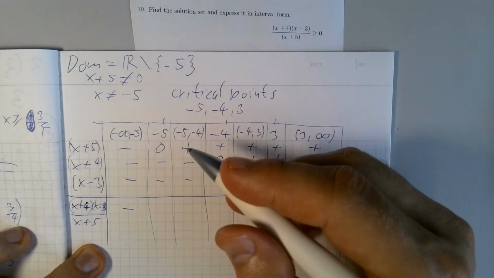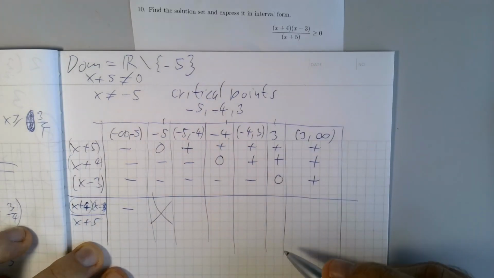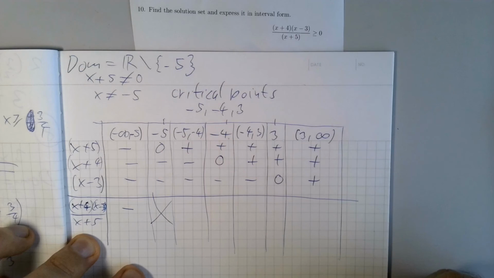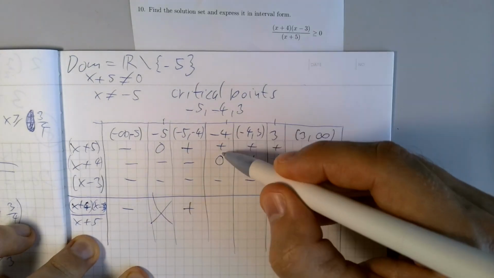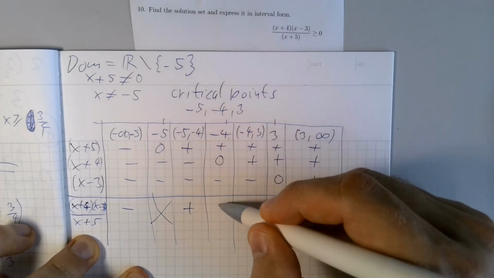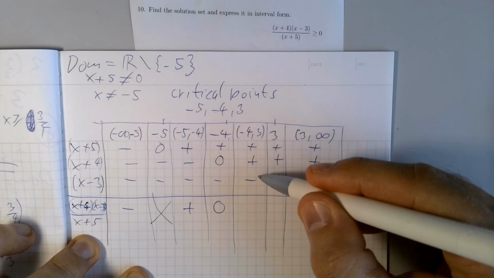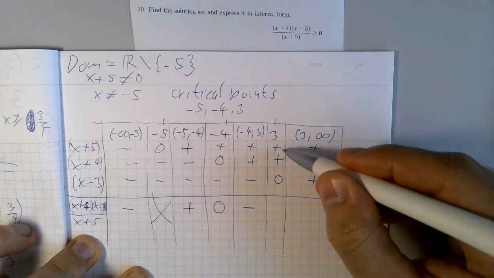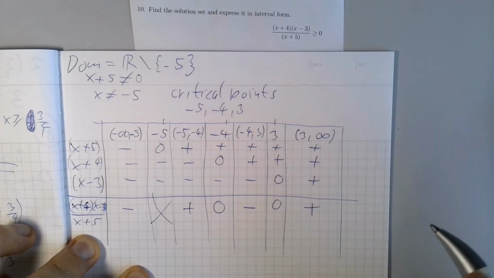This is actually undefined because we divide by 0, so it's not in the domain. This is positive, and this is 0. So this is negative, and this is 0 as well, and this is positive.